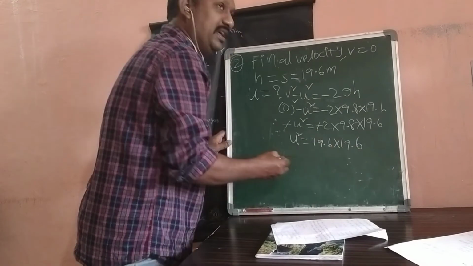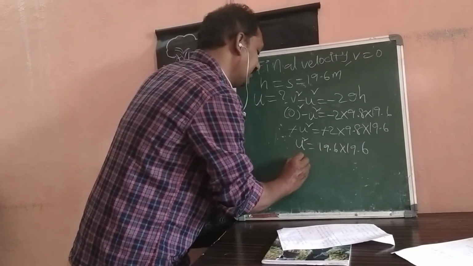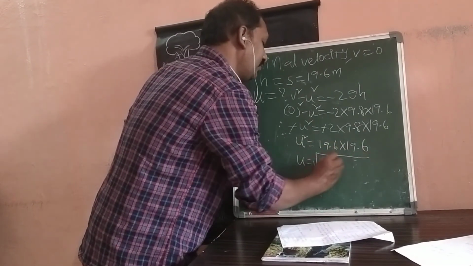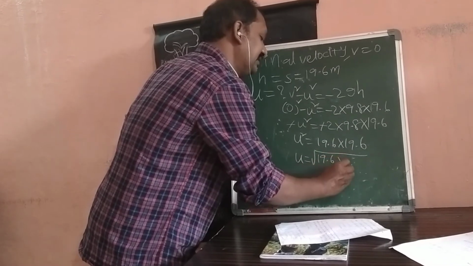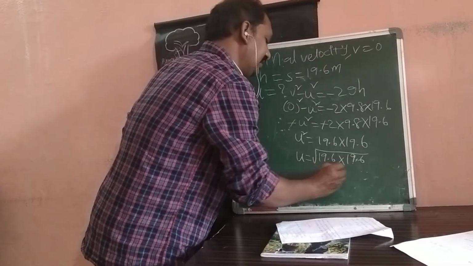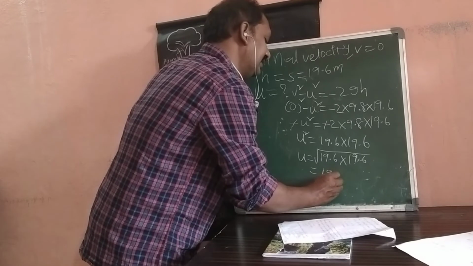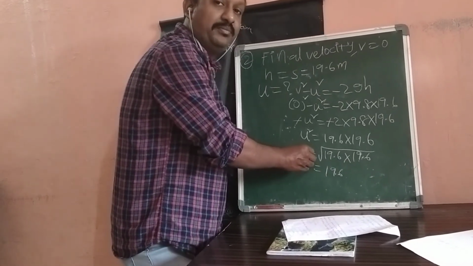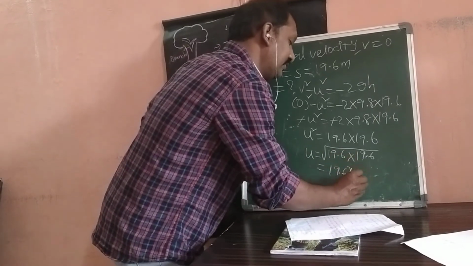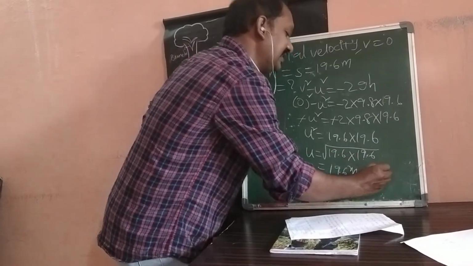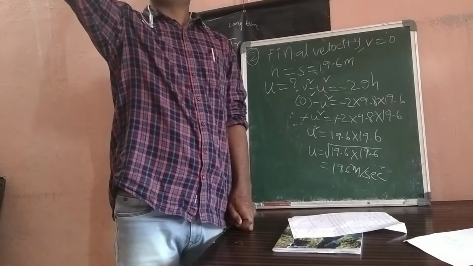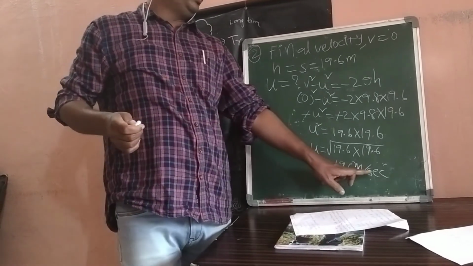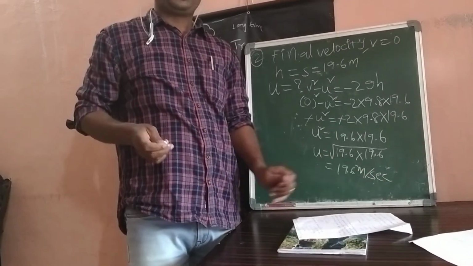Here you have similar numericals, so u is equal to the square root of 19.6 and 19.6, which will be equal to 19.6. What is this? Initial velocity u. What are the units? Meter per second. So the initial velocity of the ball which was thrown up is 19.6 meters per second.